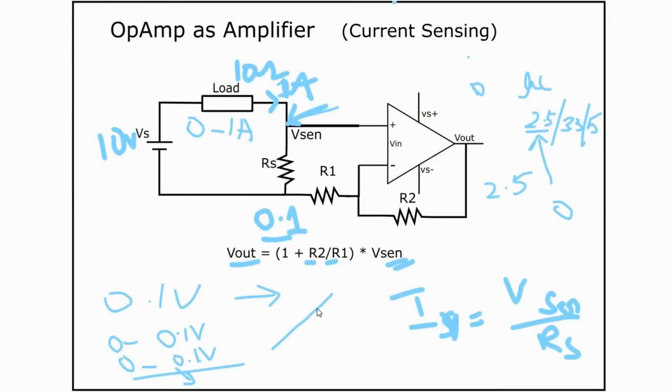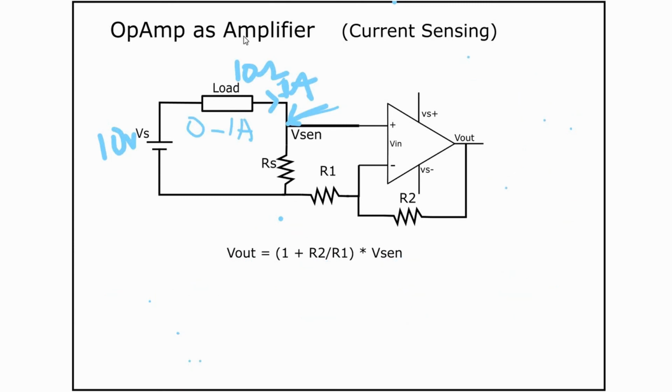Now let's just check what should be the R2 and R1 values. Basically I have to convert this 0.1 volt to 2.5 volts. That is my aim. So I have to select R2 and R1 such that when I have 0.1 volts here, I get 2.5 volts there. So here I need 2.5 volts V out when V sense is 0.1 volt.